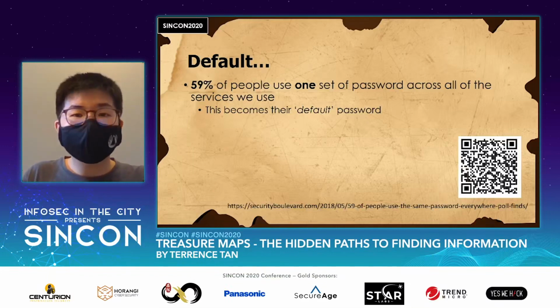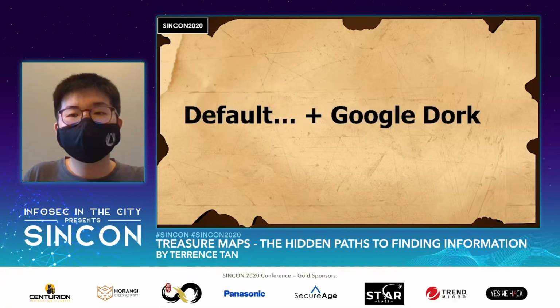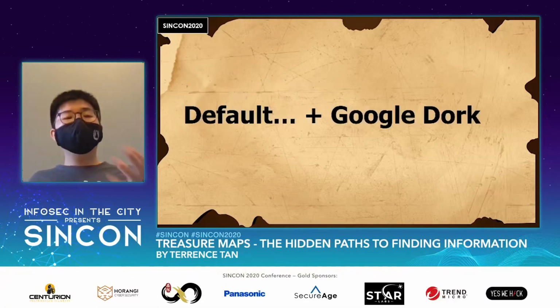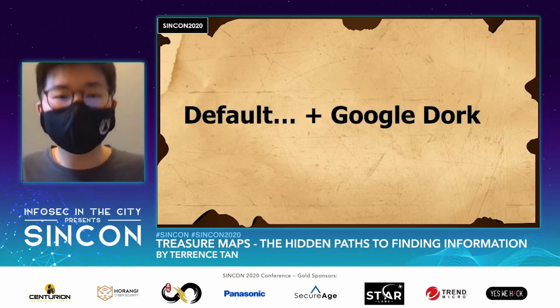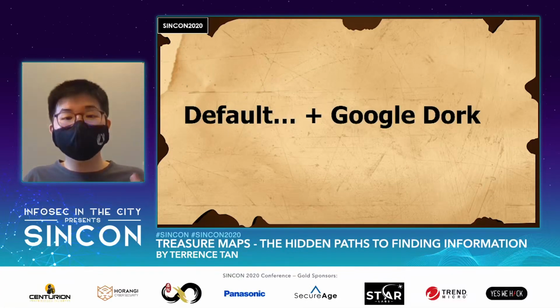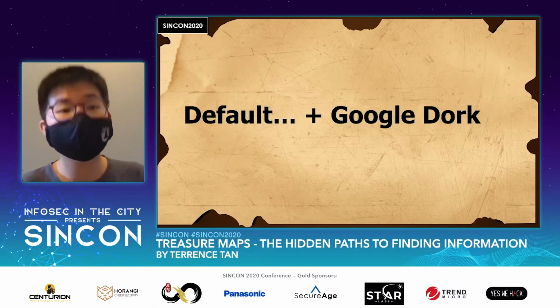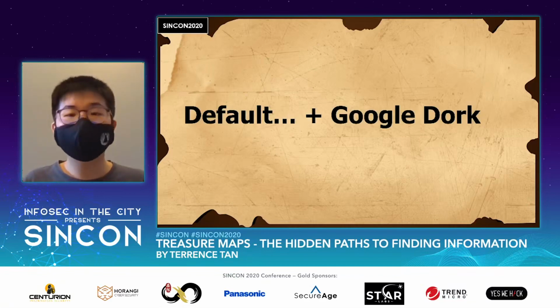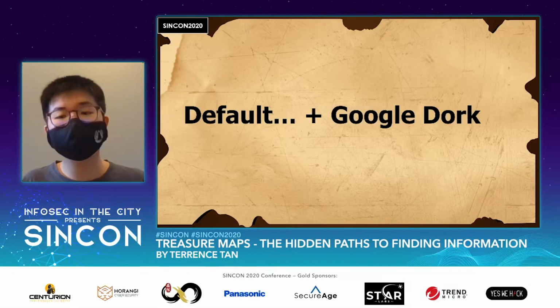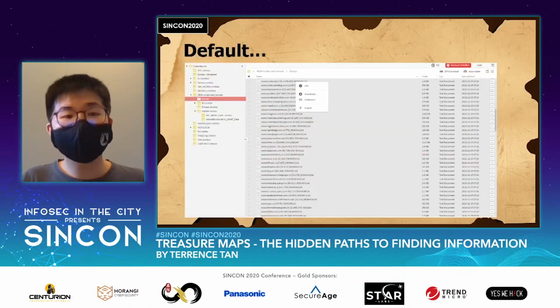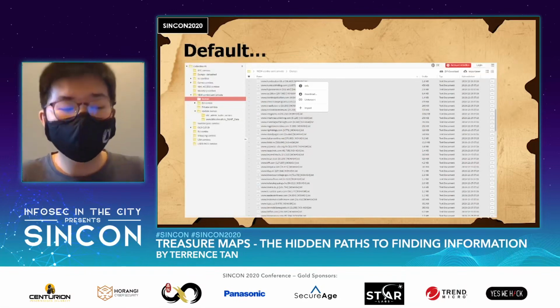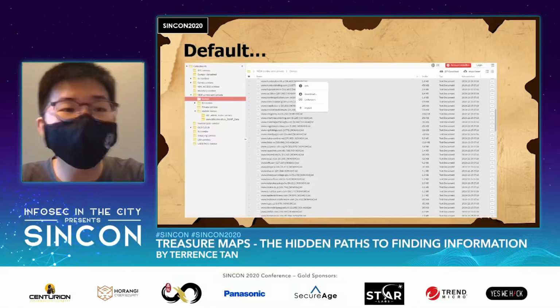So this also means that with all of these default configurations, default passwords and stuff, combined together with the Google Doc. Just now in the Google Doc, you saw logs with username and passwords. Combine these two together. What do we actually get? At the end of the day, we have a whole password combination list that is available for you to download.